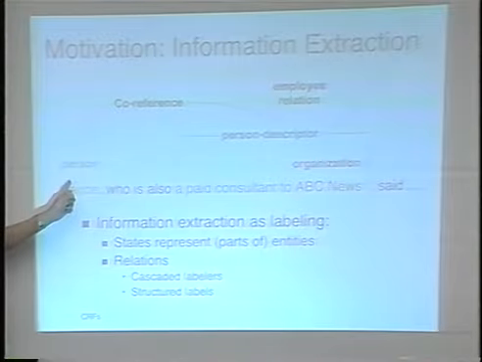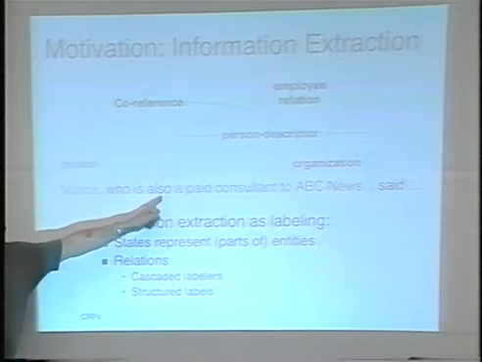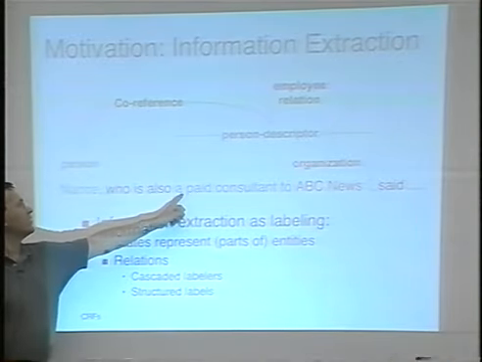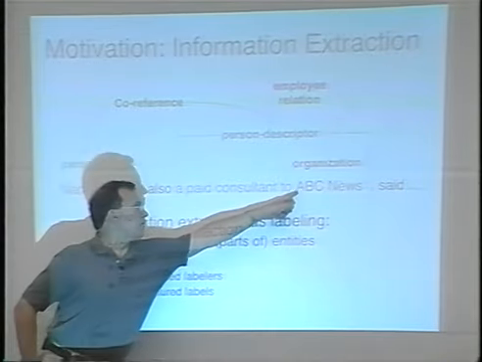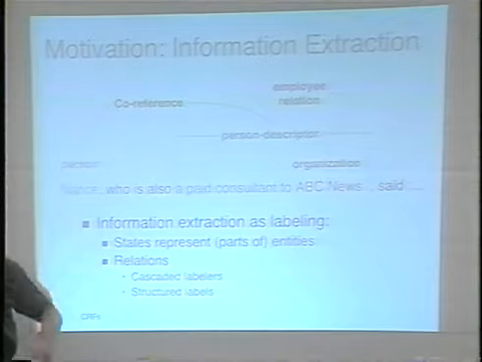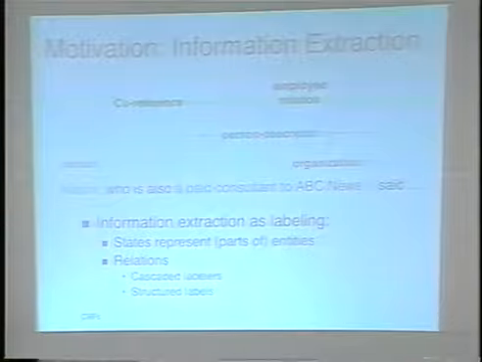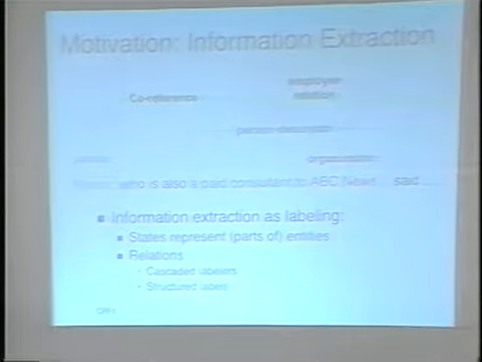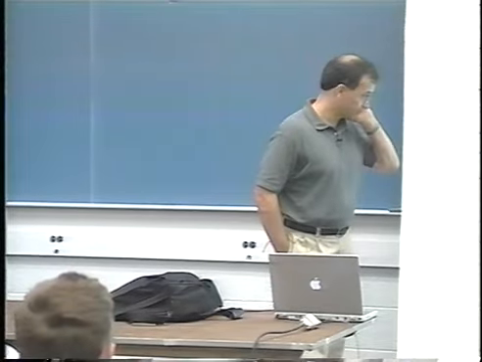So maybe I label this as a person label, I label this as other, and then here descriptor or whatever it might be, all these tokens throughout there, and then I say, oh, here it's an organization token, and so on and so forth. So in general, it's going to be useful to think about pairs of a sequence of input tokens of some kind and a sequence of labels. And that's the problem that we're going to be discussing for the rest of the talk.